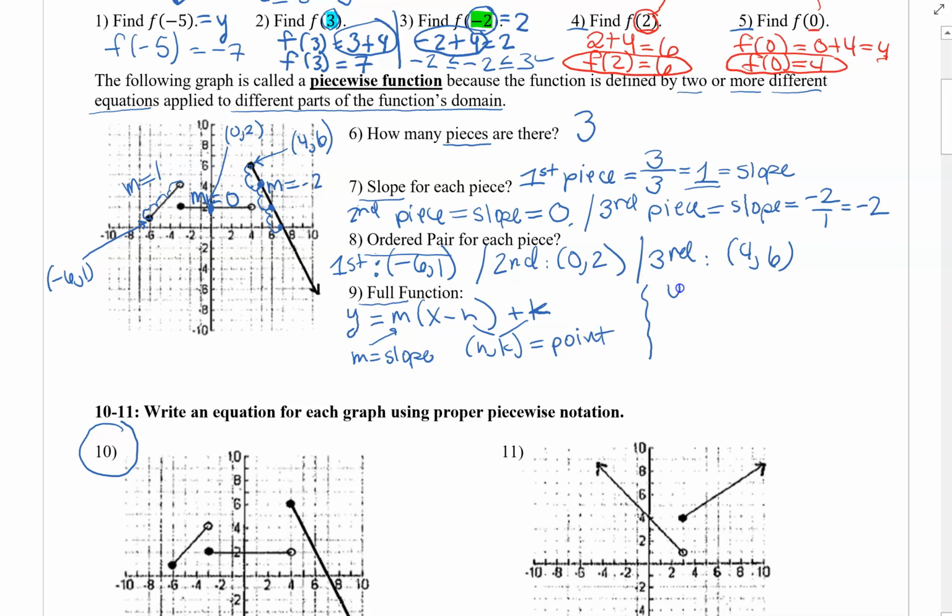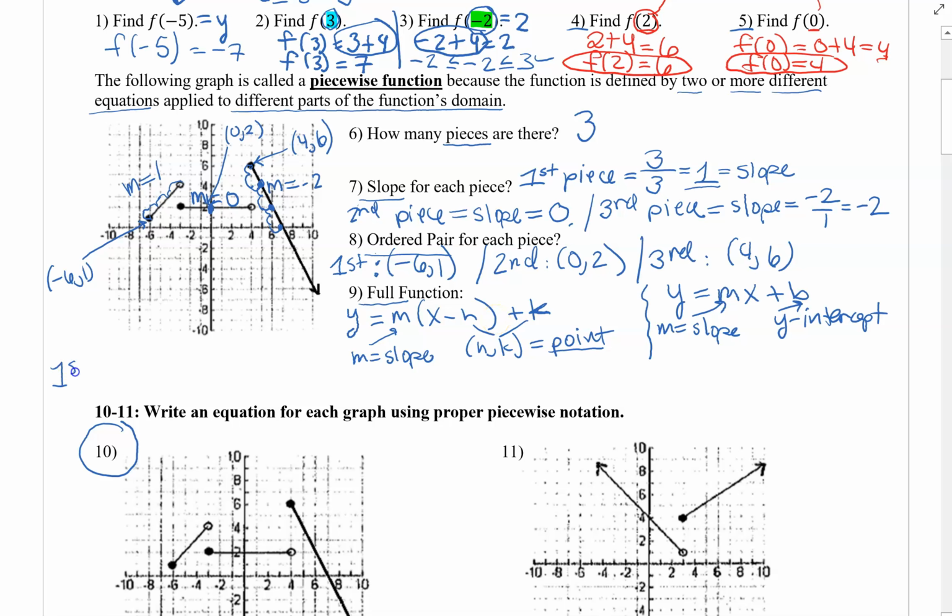If possible, the other nice version of a line to use if we have the y-intercept is slope-intercept form, because again, you would need to know your slope, and then b is your y-intercept. So if we know what the y-intercept is, we can just use slope-intercept form. If we don't know the y-intercept, but we know another point, we can use this HK form of a line. It's a very helpful tool.